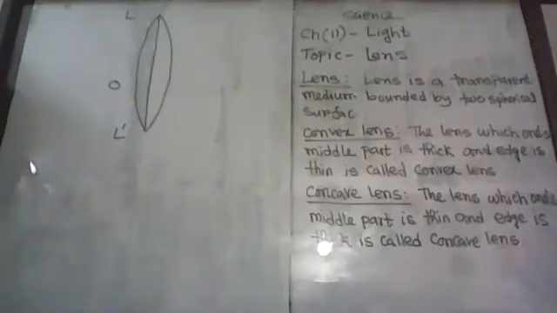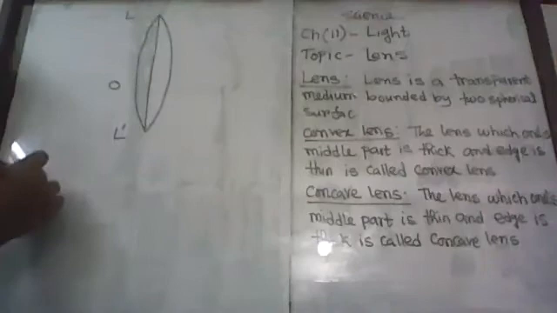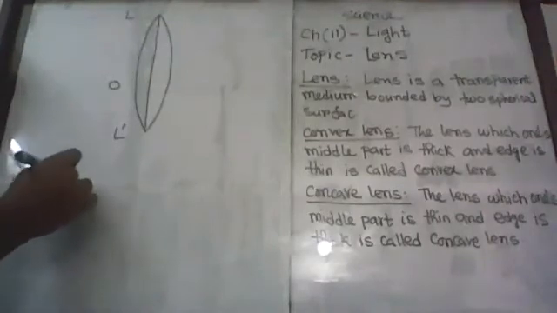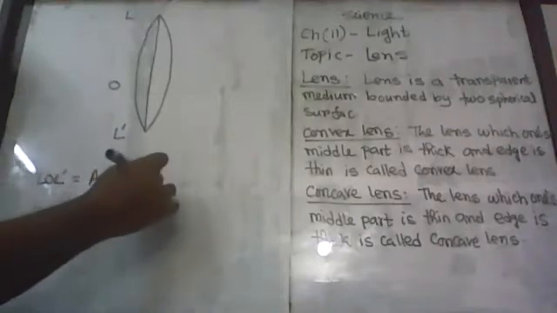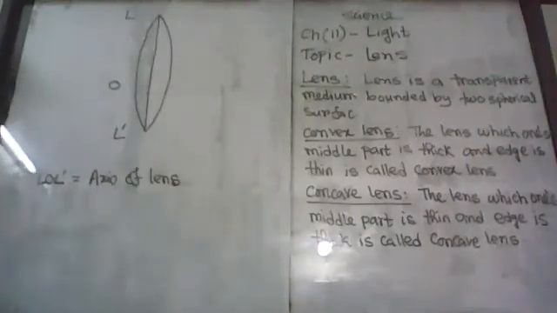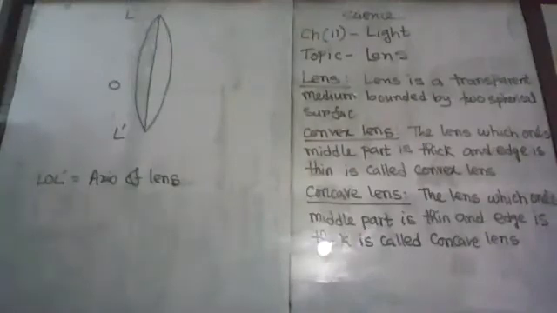I repeat, boys and girls, this L, O, L prime is known as the axis of lens. So this is the axis of lens. It's nothing but L, O, L prime.